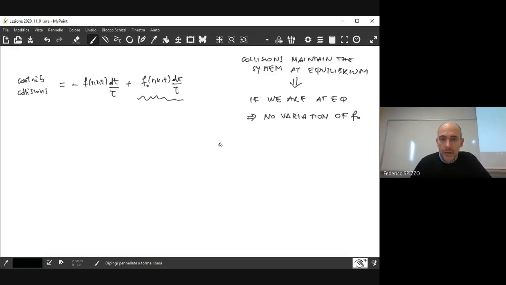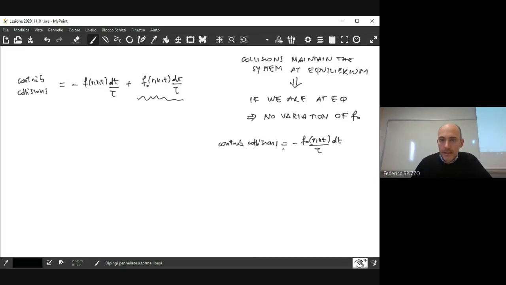So the contribution of collisions at the equilibrium is, using the same approach that I used before, minus F0 r k t.